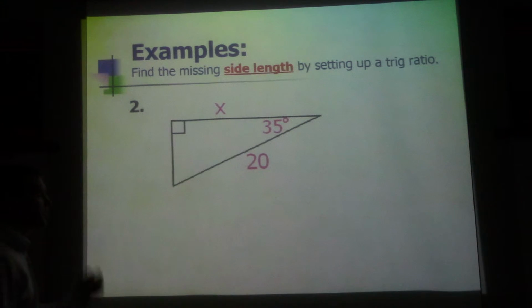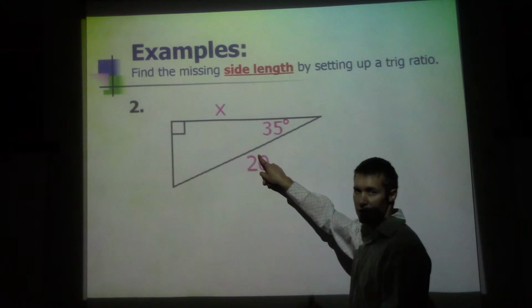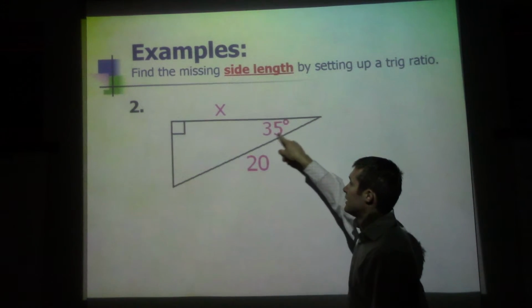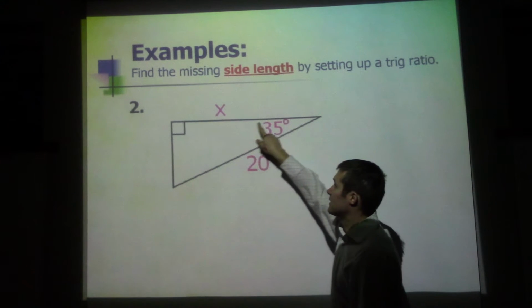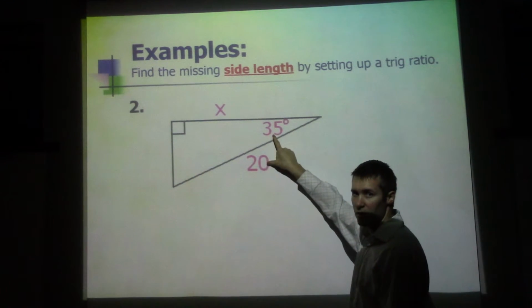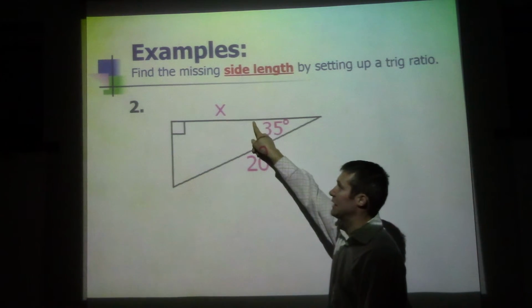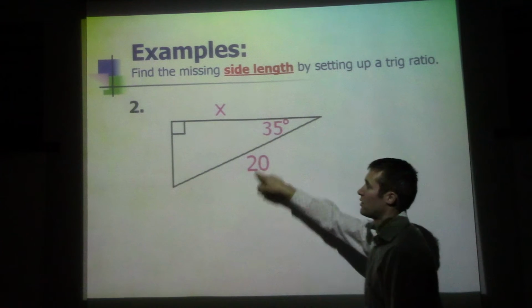We go to this one and look at it again. We know that this is the hypotenuse, so I'm using either sine or cosine. The side x is adjacent to angle 35, so adjacent and hypotenuse would be cosine. So cosine of 35 is equal to x over 20.